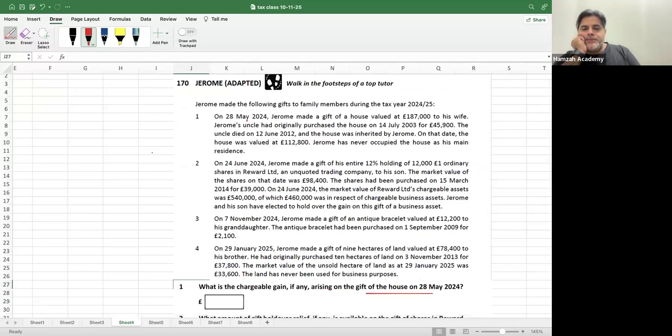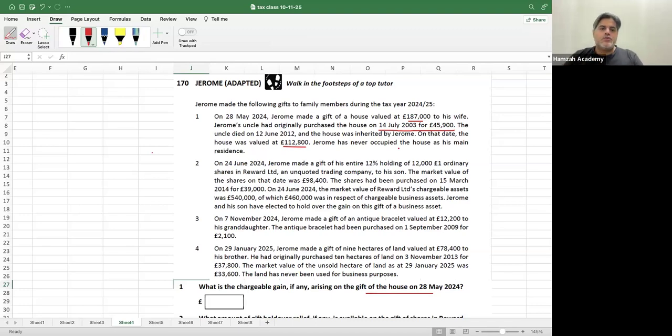On 28th May 2024, Jerome made a gift of a house valued at 187,000 to his wife. Jerome's uncle had originally purchased the house on 14th July 2003 for 45,900. The uncle died on 12th June 2012 and the house was inherited by Jerome. On that date, the house was valued at 112,800. Jerome has never occupied the house as his main residence.